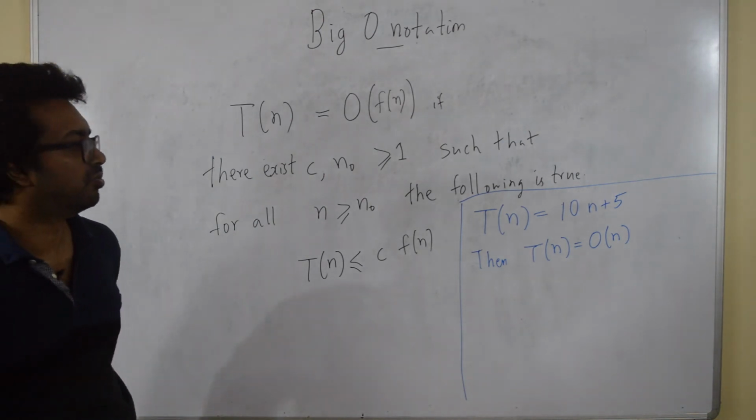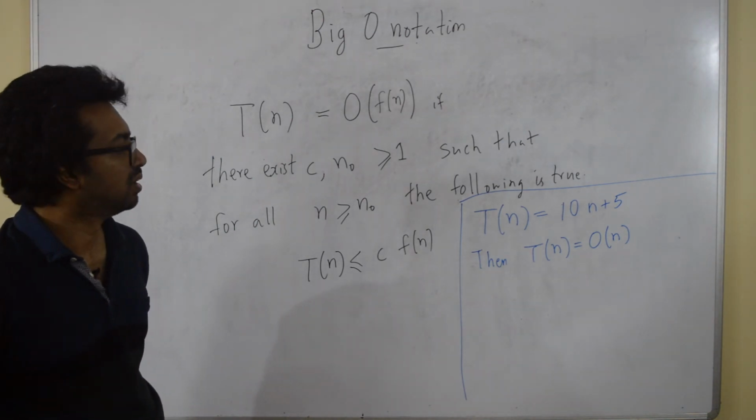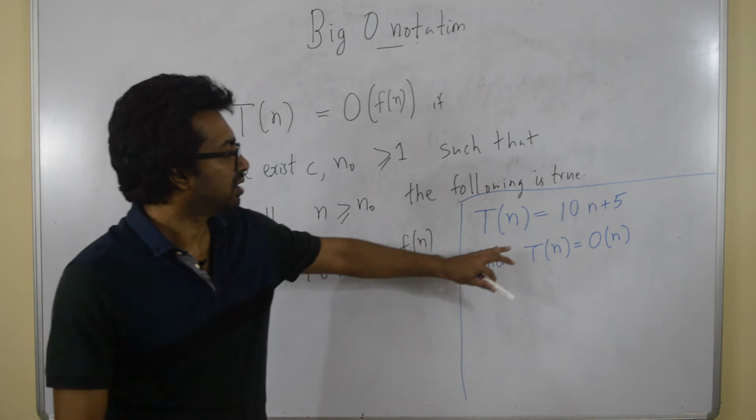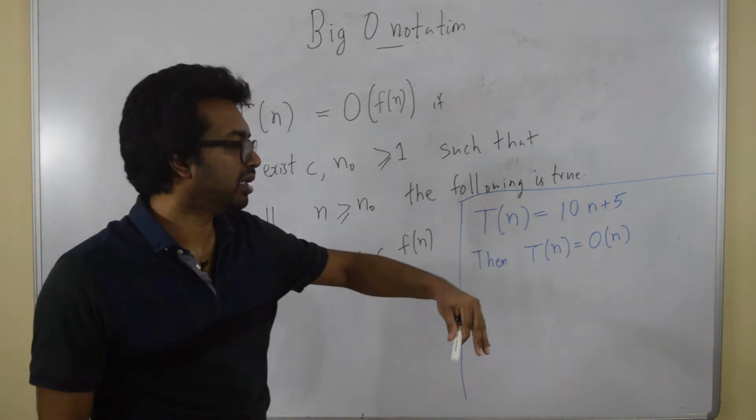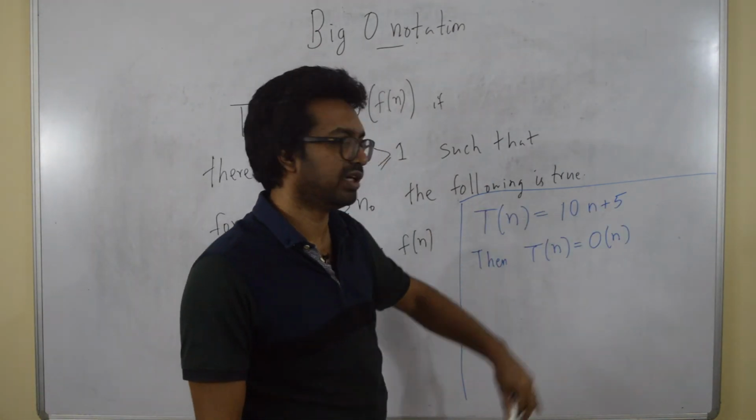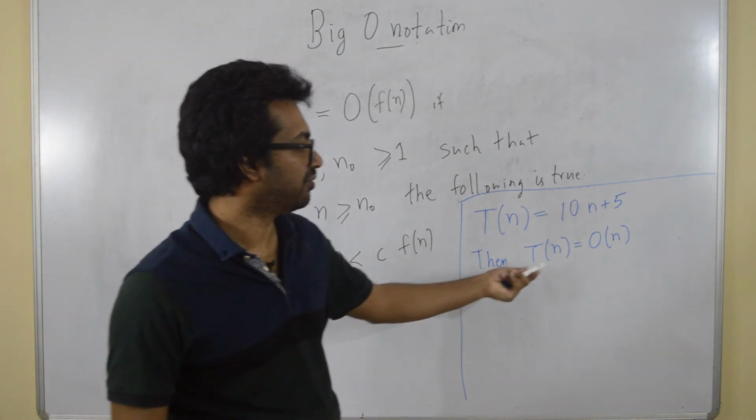Now to prove this, what is it I have to do? Let's assume T of n is equal to 10n plus 5. Then it means T of n is equal to O of n.